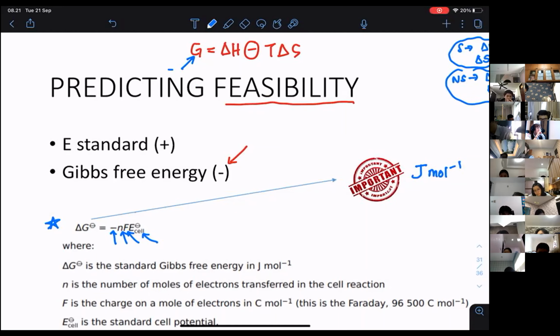Even when we use this formula, we need to be very sure, because enthalpy change, the H, is most of the time written in kilojoule. You must change it into joule, because your entropy is always in joule in your syllabus. So to make it easier, whenever you are applying any formula, change it into joule. This is going to be a simple rule.